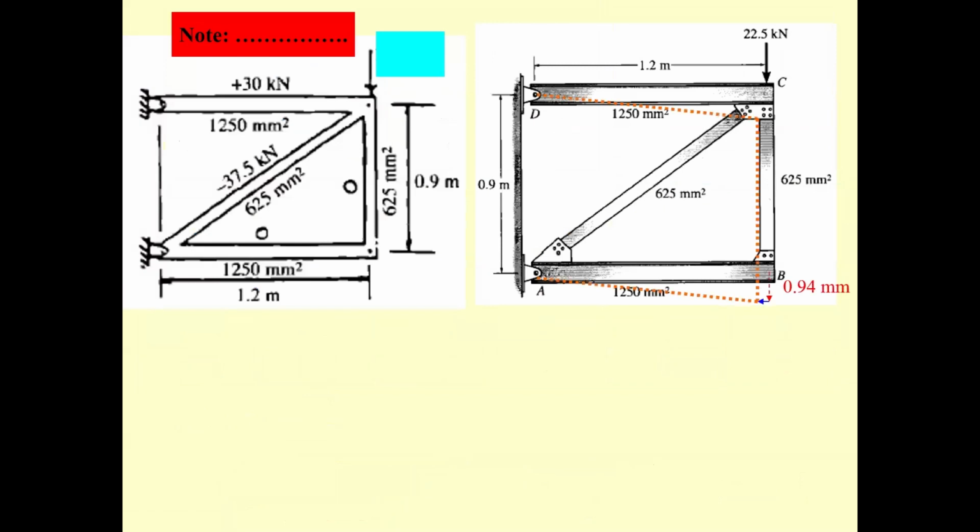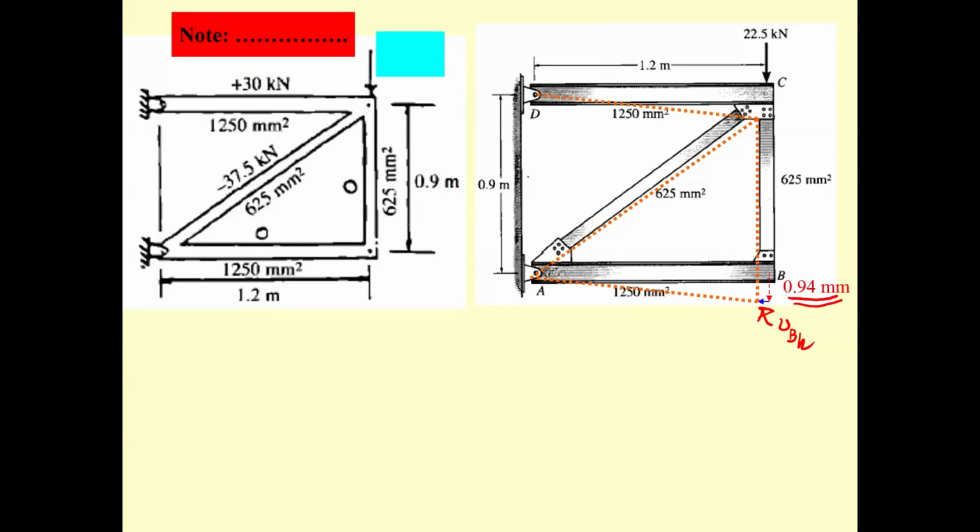Okay, you get the result. And if you plot this one, you will get the elastic curve like this one. Just specify this one, 0.94. Okay, and you should be able to determine delta sub B in the horizontal direction. How do you do so?